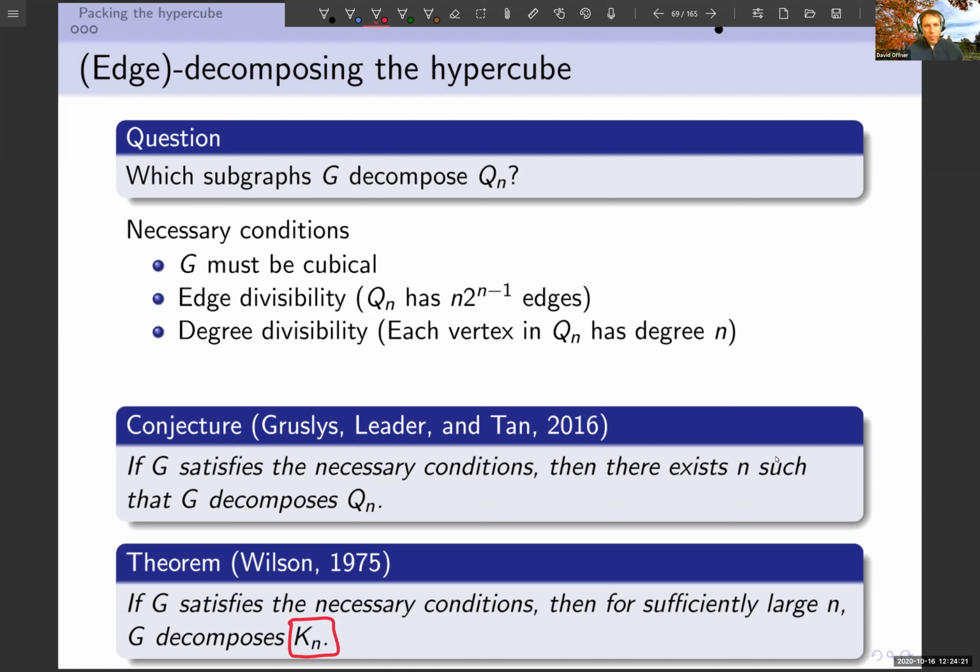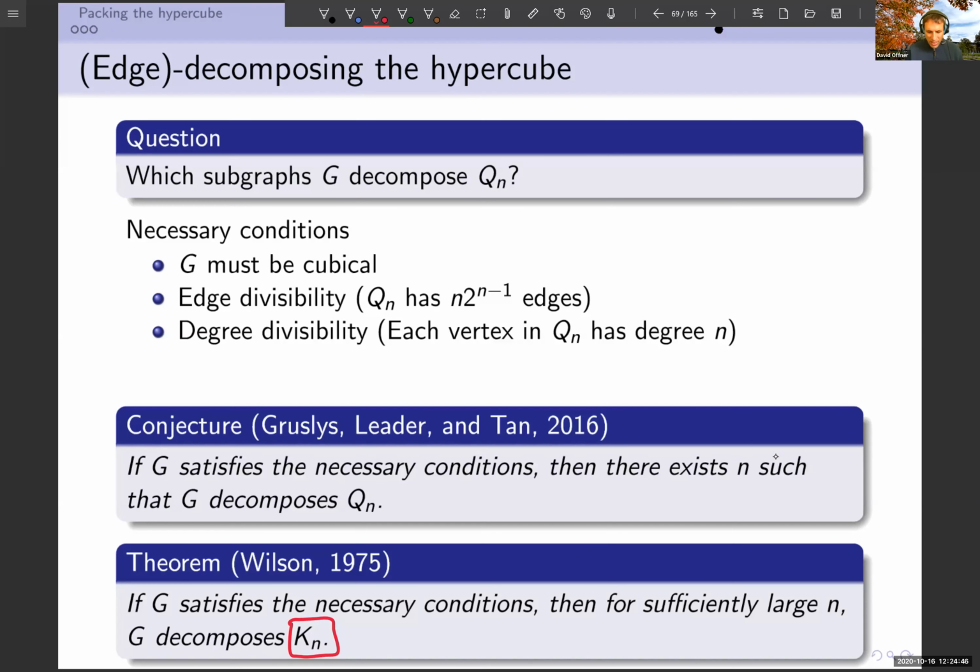Everything's a subgraph of a complete graph, but basically, if you have these edge divisibility conditions and degree divisibility conditions, anything that met those, you got the corresponding theorem for Kn. If it met the obvious necessary conditions, those were also sufficient if n is sufficiently large.